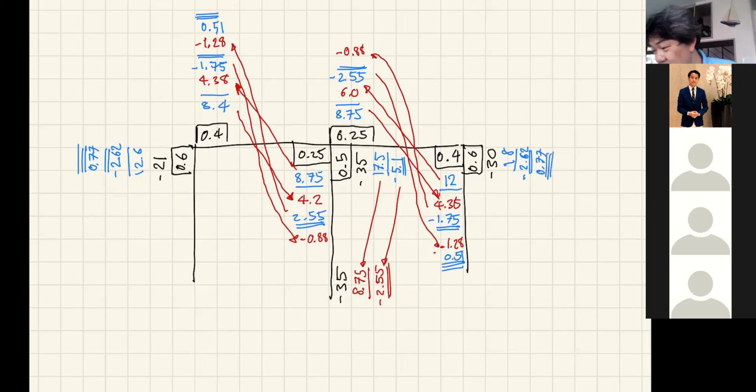And in the middle, we have 2 minus 0.88 coming in. So 25% of that, that's 0.44. 3 lines, that's another 0.44. 3 lines, oops. It's getting ugly now.